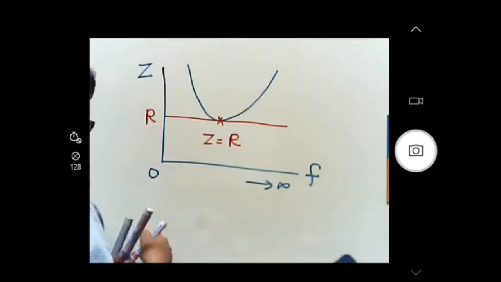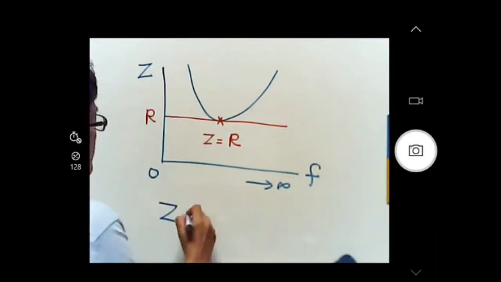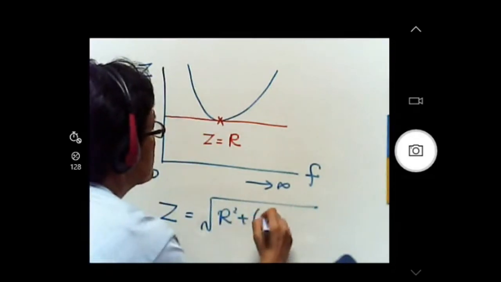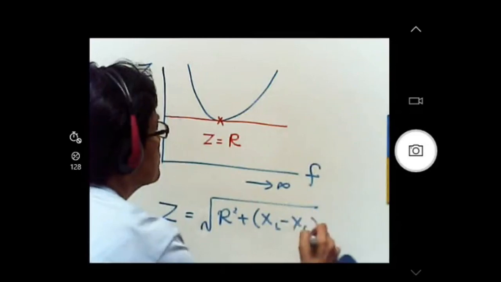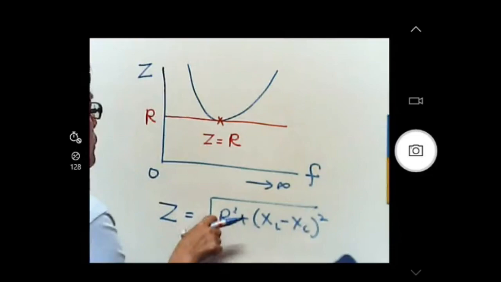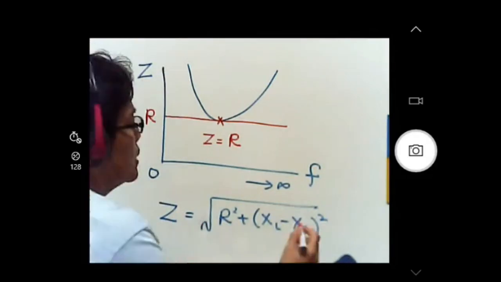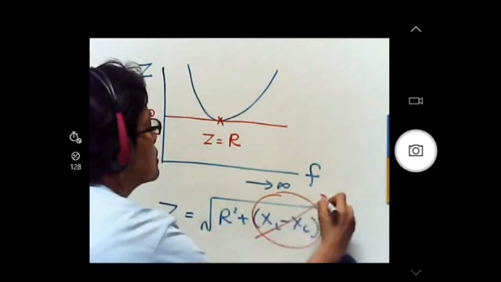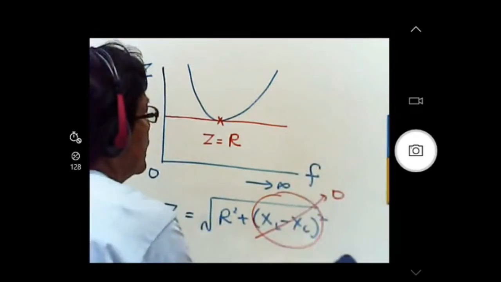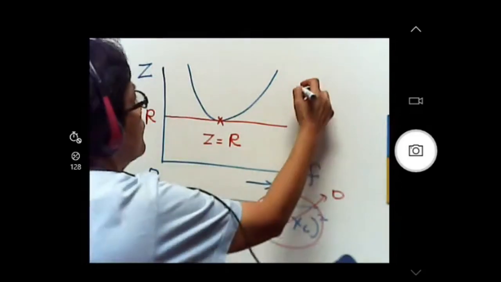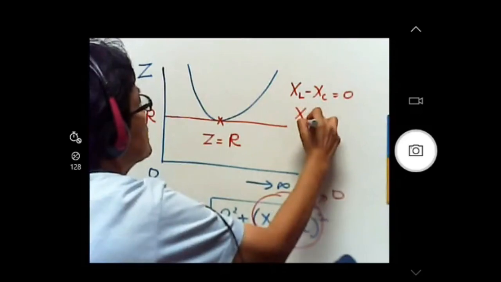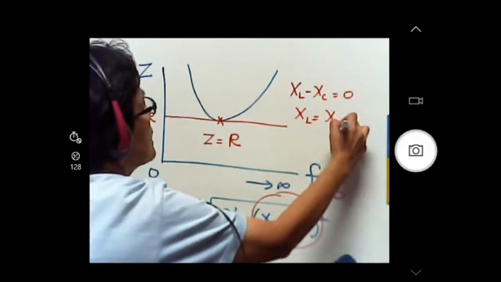So by looking at this equation, impedance will only be equal to the value of R when this quantity is 0. So if XL minus XC is 0, meaning the value of XL has to be equal to the value of XC.